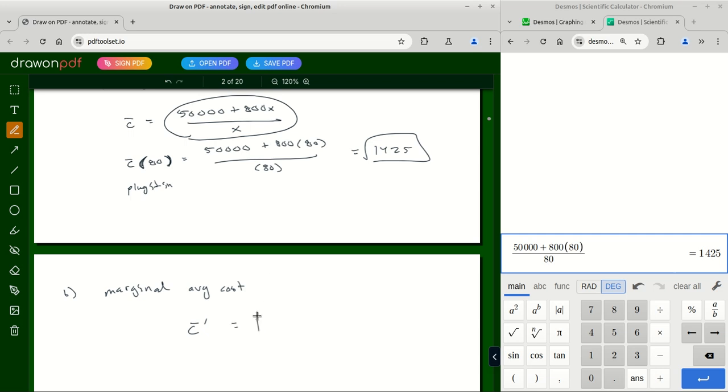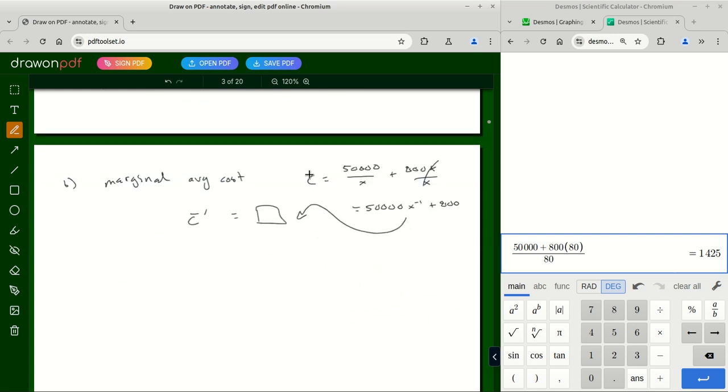Now, before I do that, I would rather rewrite this by splitting up that x. It's just very nice right now that I can do something kind of nice with it. That's not going to always be the case going forward. So that's my actual cost, and now I'm going to find the average cost. And now we're going to find the derivative of that.